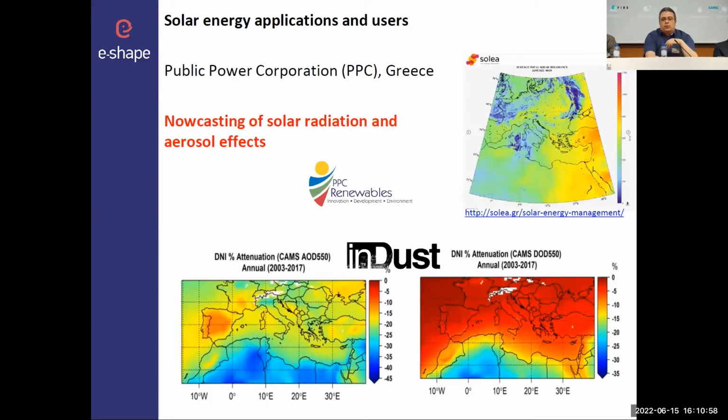The Public Power Corporation of Greece also uses the nowcasting service and they were also interested in aerosol effects. So we recently performed a study, and we quantified the effects of aerosols around the whole Mediterranean basin in the context of this collaboration.